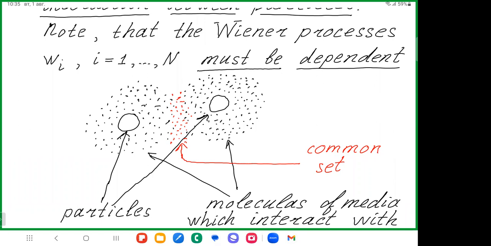But if particles are pretty close one to another, then we can see that these two clouds have a common set of molecules. And this is a reason why we have to suppose that Wiener processes describing the random perturbation of different particles must be dependent.